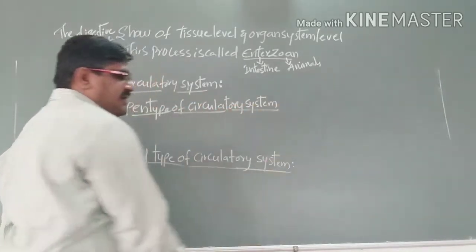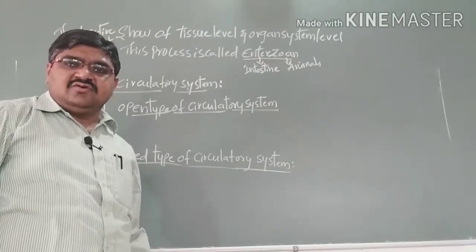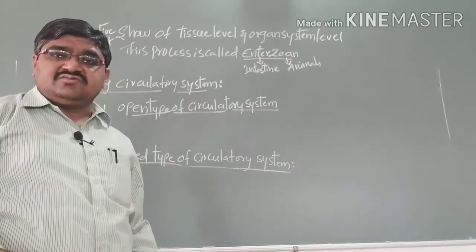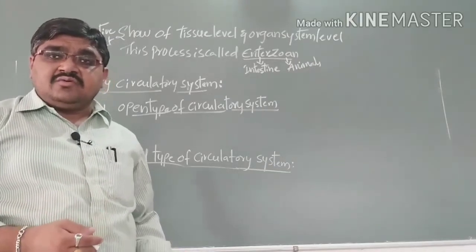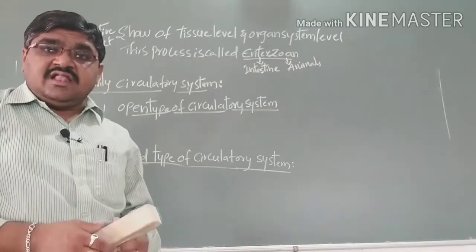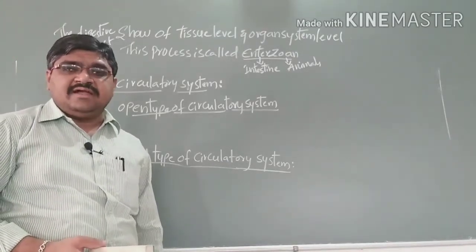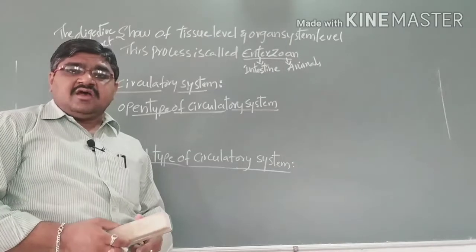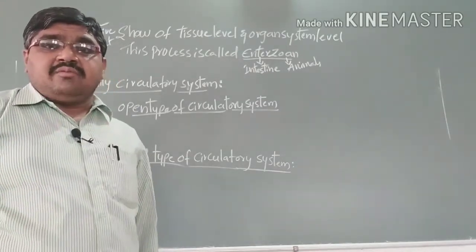The open type means it does not contain blood vessels. Here the blood passes directly to the blood sinuses, that is, directly to the body parts in the form of a hemocoel. Hemo means blood, coel means cavity. The blood does not pass through blood vessels; it passes directly to the body parts.